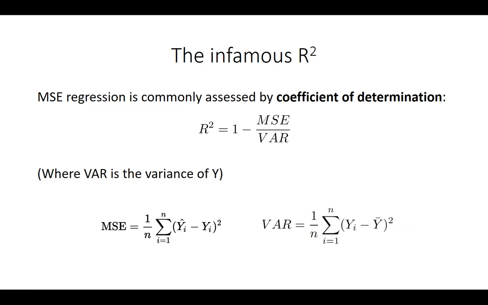So when we use the MSE objective, we can calculate from it what is called the coefficient of determination, which is this R squared. And that's defined as 1 minus the MSE over the variance of the data. Now the formula for MSE we've already seen.